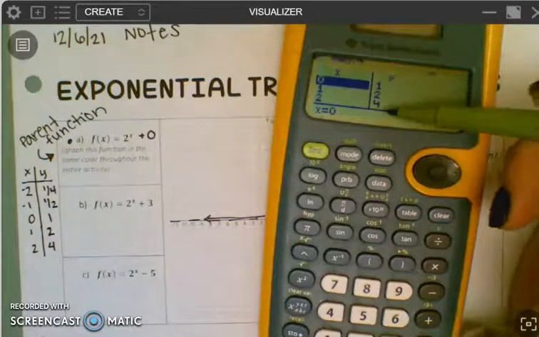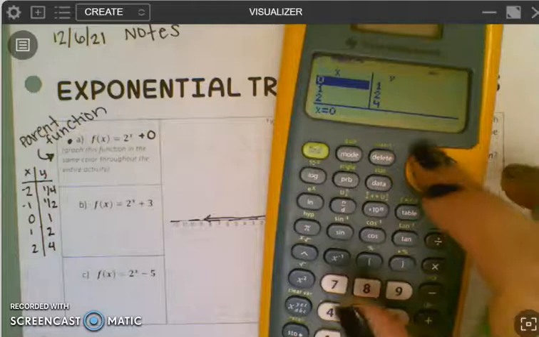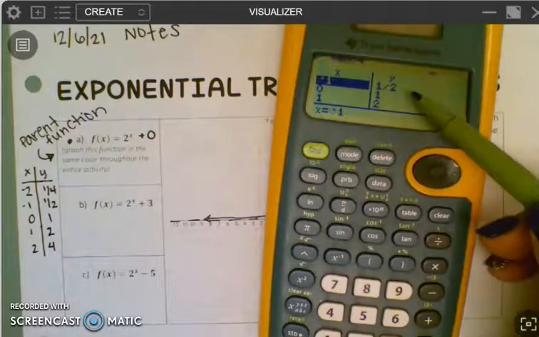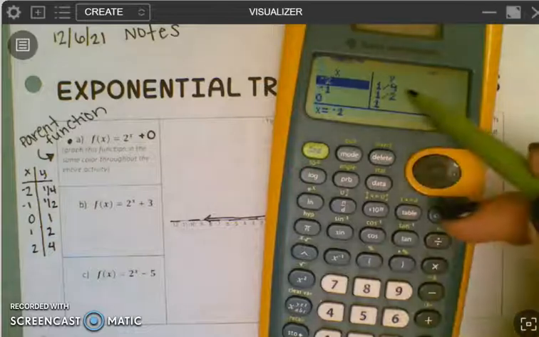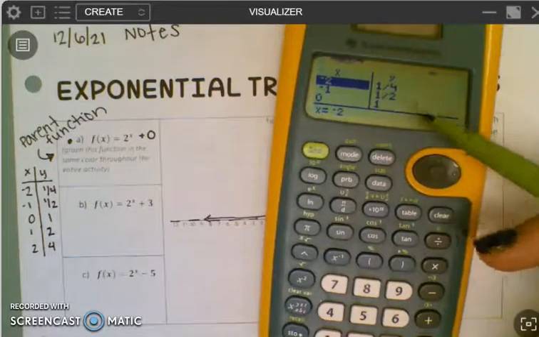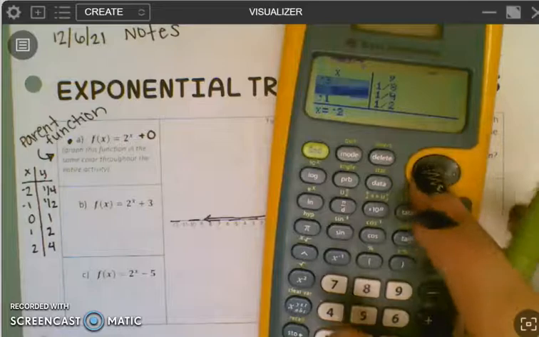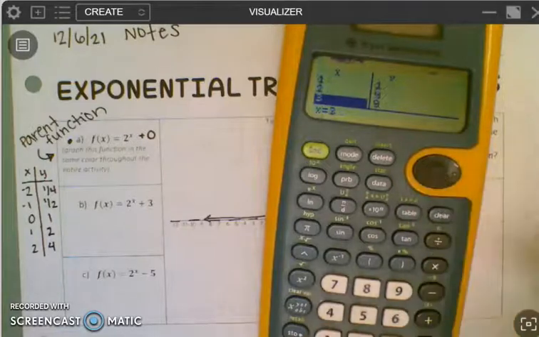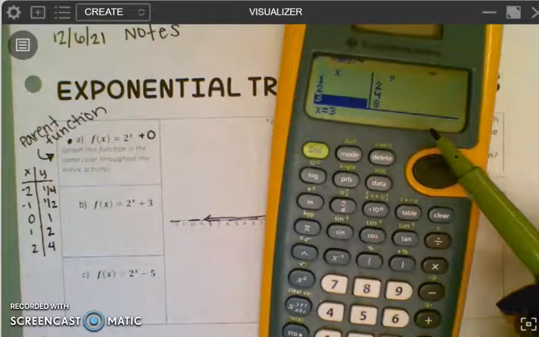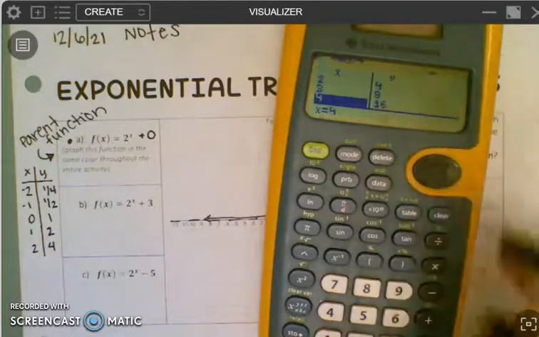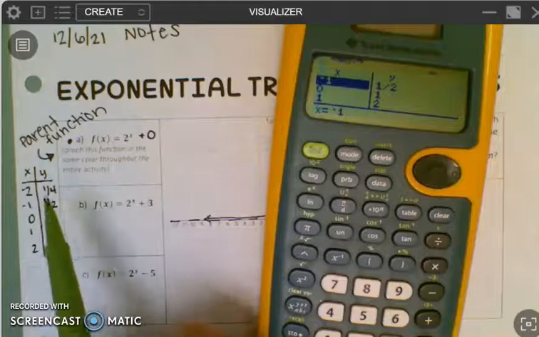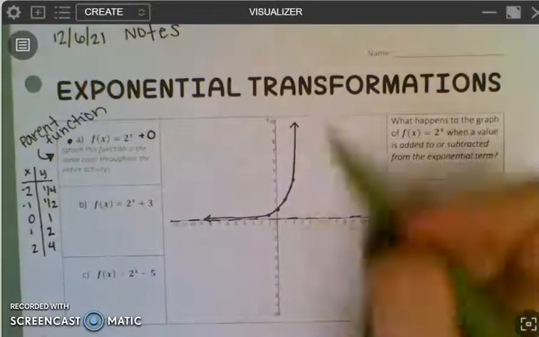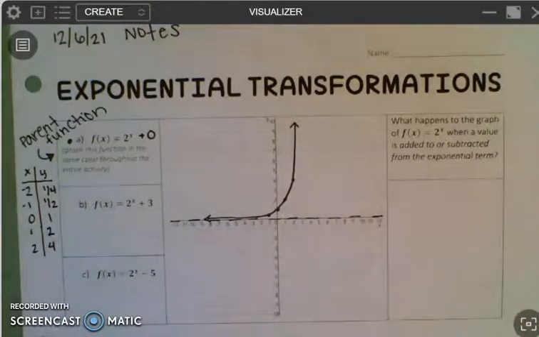So 1, 2, 4, those are nice. Then I went the other direction. I can graph a half. If I go up again, a quarter, probably not going to graph that one, but I could. Anything else is too small. And if I go the other way, 3/8, I can still graph, but 4/16 is too big. So that's where these numbers came from on this table that I then graphed for you as the parent function, as the black line.